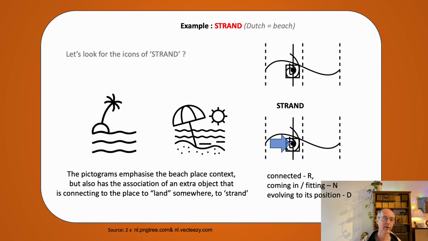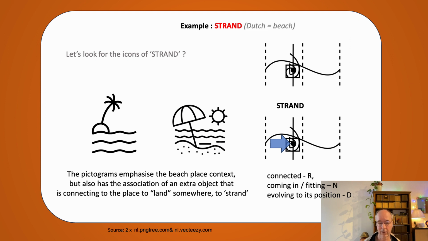If you look for icons of the word strand or beach, we will have these two distinctive, well done icons. And these pictograms emphasize the beach as a place near the sea, and they also always have this extra object, mostly the parasol.